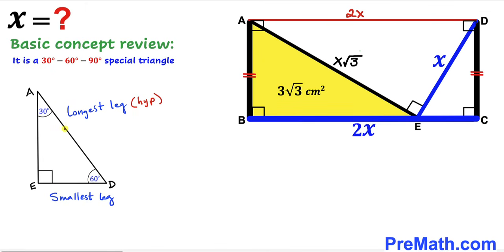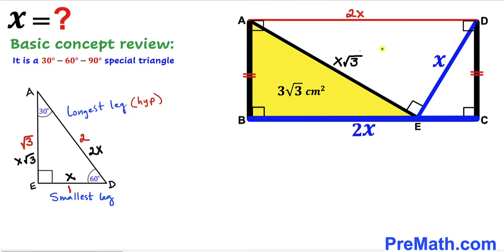So in such a 30, 60, 90 special triangle, the longest leg is twice the smallest leg. In other words, if our smallest leg is 1, then our longest leg has got to be 2. And this third leg is going to be square root of 3. And in general, if this smallest leg is x, then this longest leg has got to be 2 times x, and this third leg has got to be x times square root of 3.